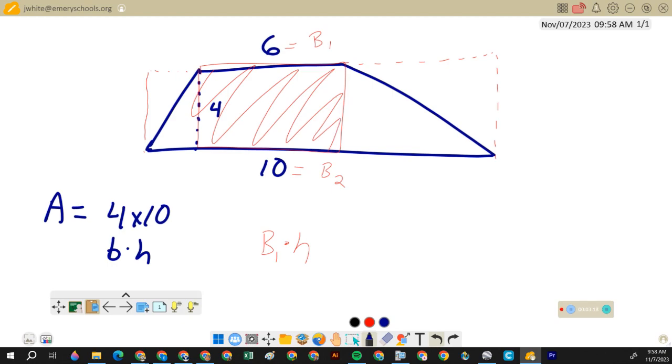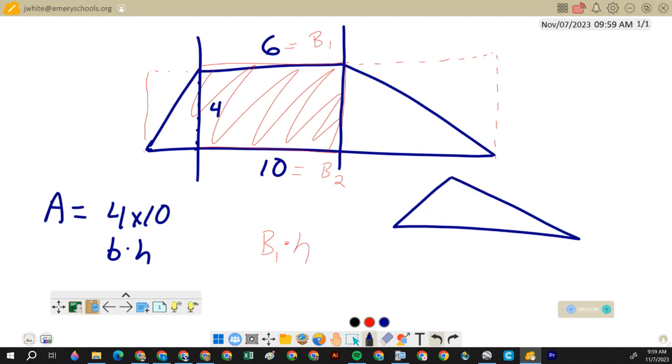What about the rest? Well, let's imagine we cut this out. And then we glued the two triangles together. So now I have this. How long is the bottom of that triangle? It's going to be 4. Everybody see that? The small base is 6 and the big base is 10.